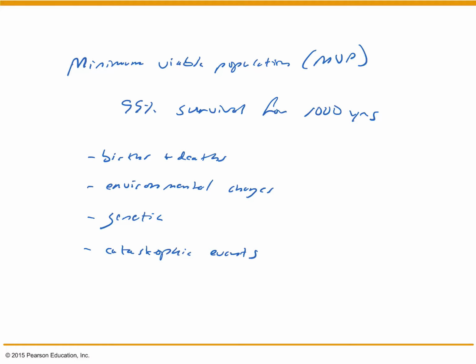So the minimum viable population size must be large enough to withstand chance variations in these things. In other words, we're sort of hedging our bets here, having a large enough population that can withstand randomness in births and deaths, environmental changes, genetic drift, and catastrophic events.